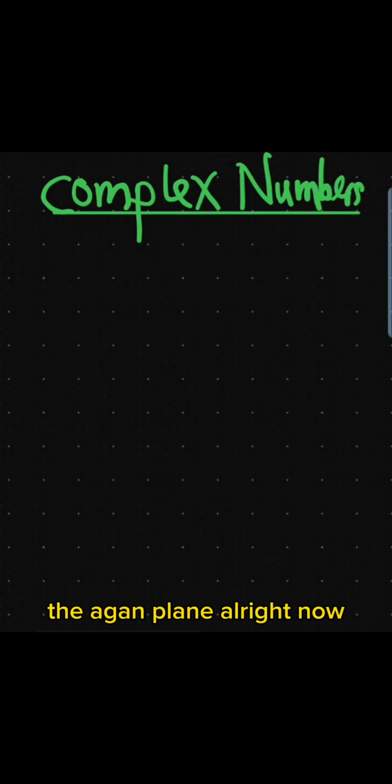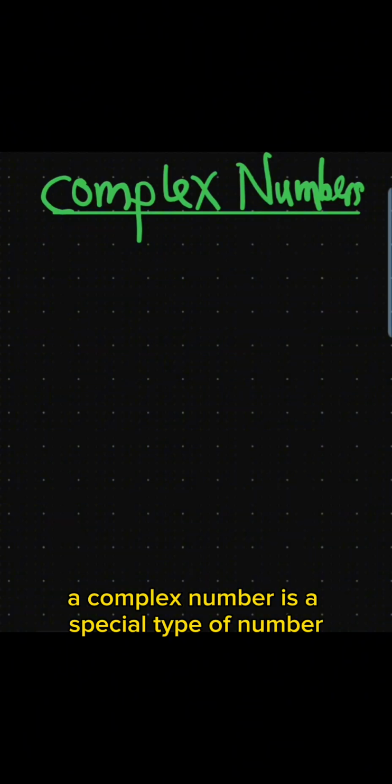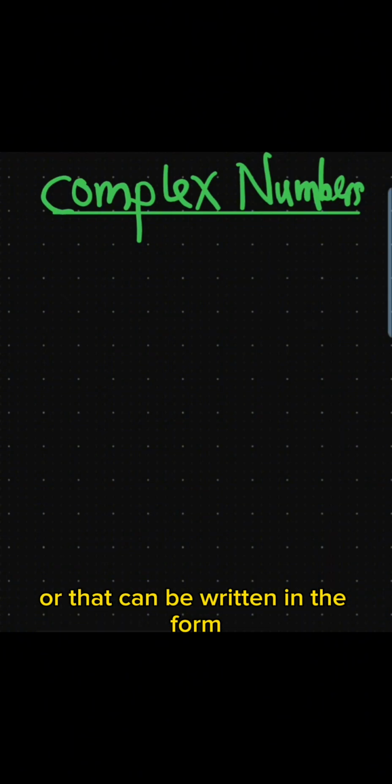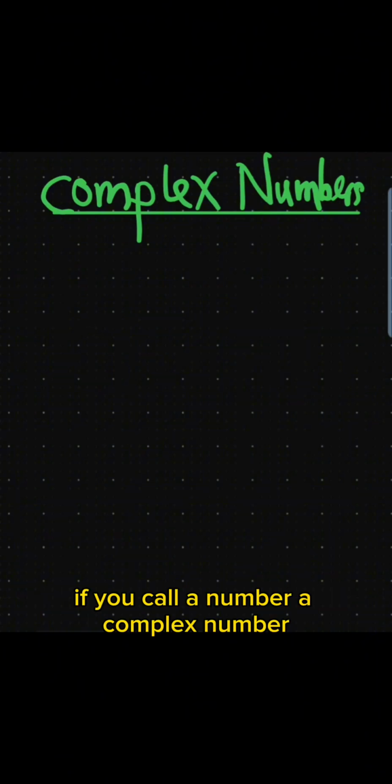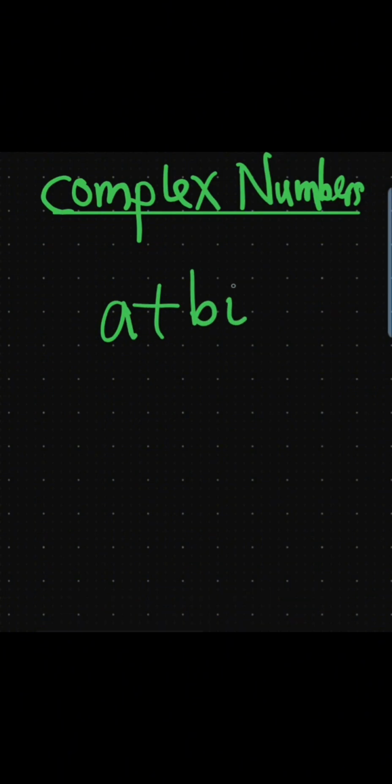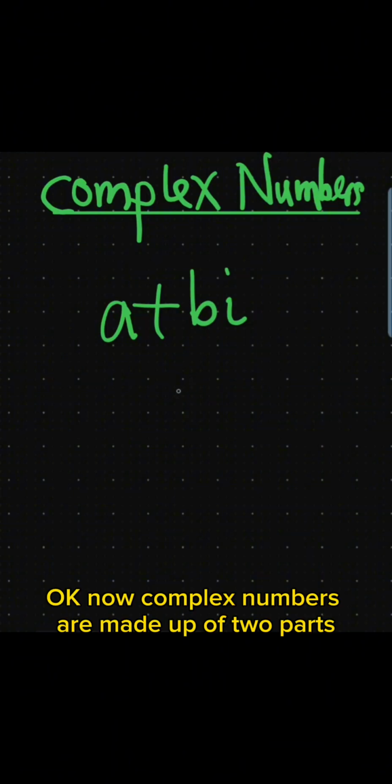All right. Now, a complex number is a special type of number in advanced mathematics that can be written in the form a plus bi. If you call a number a complex number, that means that number exists in the form a plus bi. Complex numbers are made up of two parts.